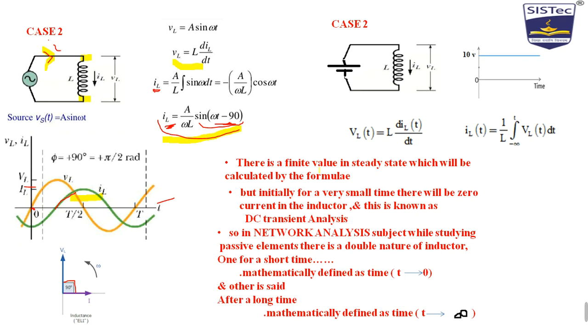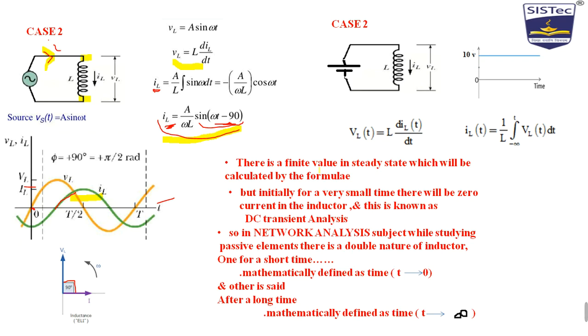This is very, very important again for your placements. Whenever any student is able to connect the theoretical portion with mathematics, it means the concepts are really very clear to him. In this transient analysis, the words are important.